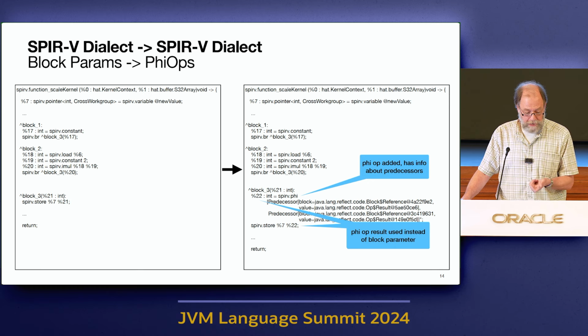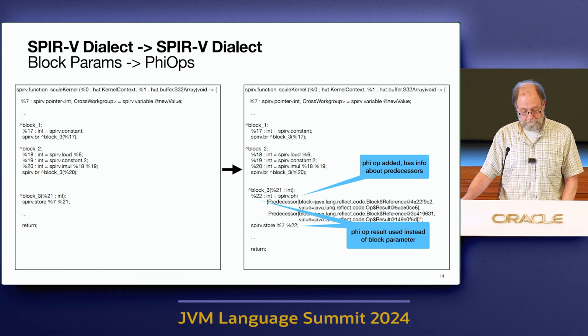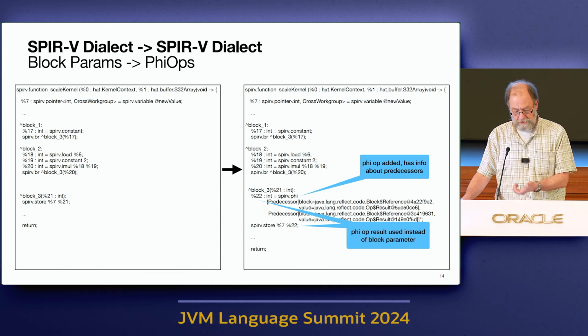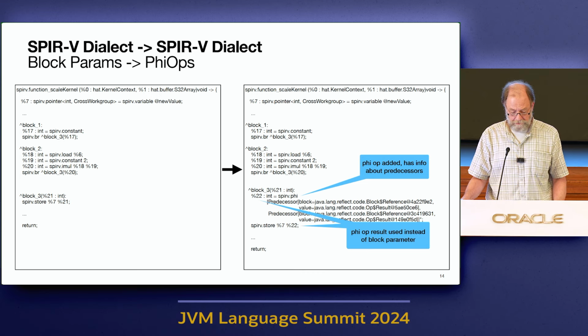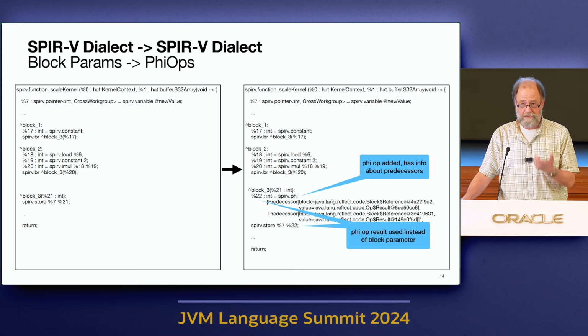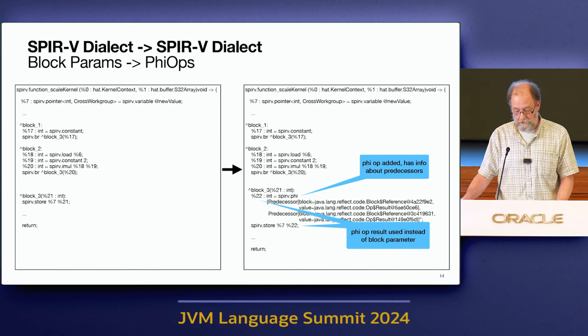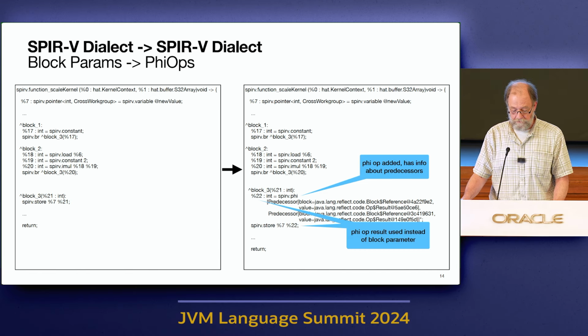And so we have a block parameter in the destination. In the target, block 3 has a block parameter, %21. What we want to do to get the PHI ops is simply add a PHI op to block 3 with information about the predecessors and the values associated with those branch points.